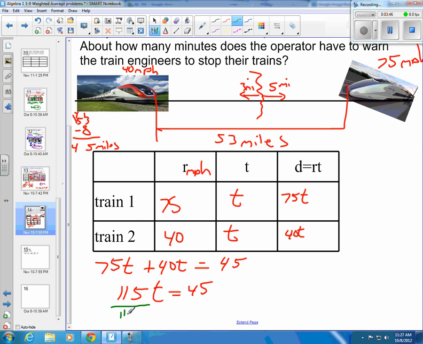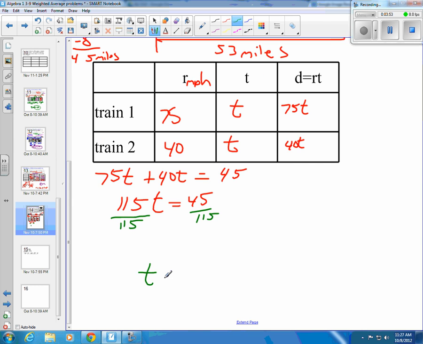So I divide this side by 115, and I divide this side by 115. And so I get t is equal to 45 divided by 115. And I actually get approximately, remember these are approximate values because we are rounding, 0.391, so I'll just round it to 0.39.